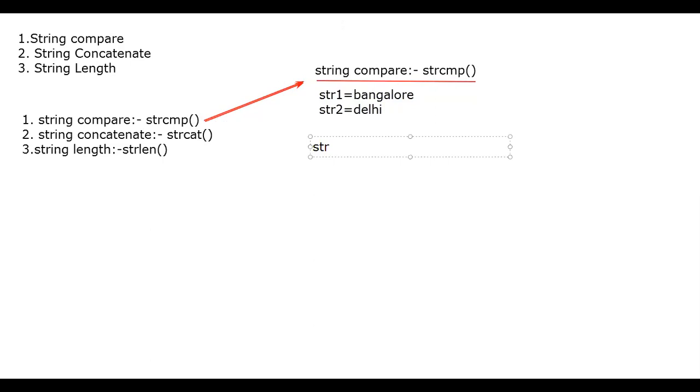If condition: strcmp of str1 comma str2 is equal to 0.